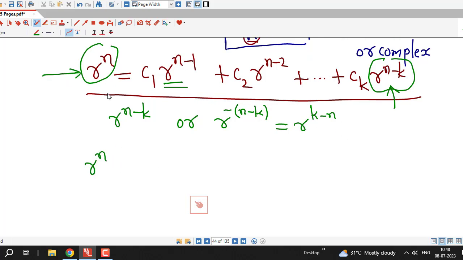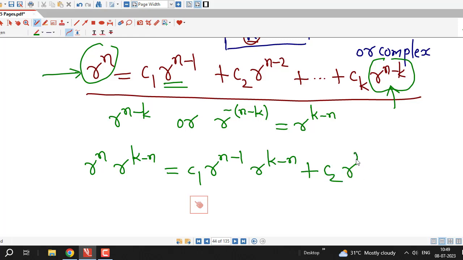So I am writing here r raised to n multiplied with r raised to k minus n equal to c1 times r raised to n minus 1 times r raised to k minus n plus c2 times r raised to n minus 2 times r raised to k minus n and so on plus ck times r to the power n minus k into r to the power k minus n.